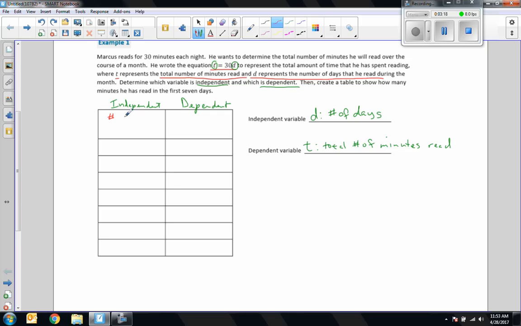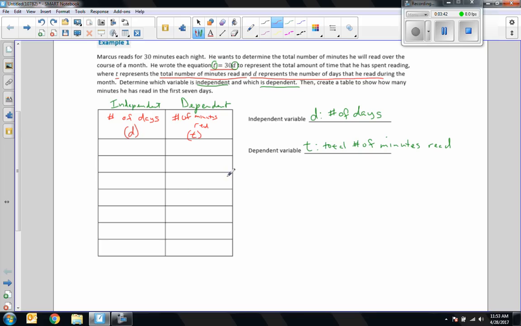The dependent variable is going to be number of minutes read. READ, not RED. And that's going to be T.